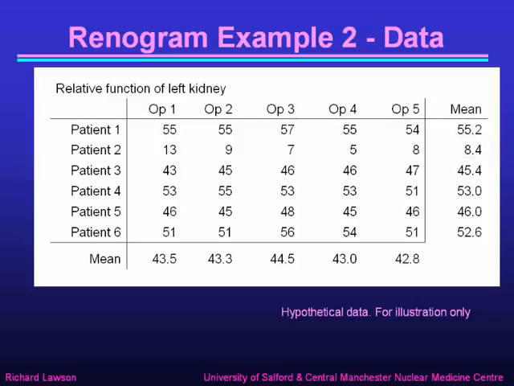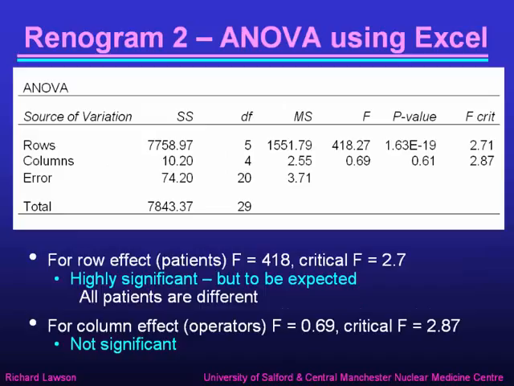So if we do an analysis of variance, this is what Excel comes up with. The mean square for the rows is very large, and the mean square for the columns is 2.55, and the error or residual mean square is 3.71.